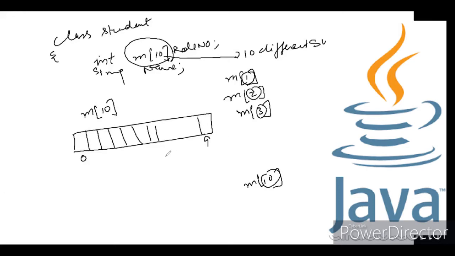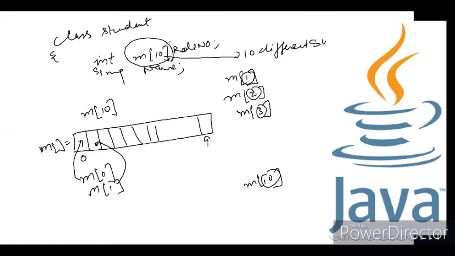This is my array M. If you want to refer to it, you can refer M[0], which refers to the first element or first marks. Then you will refer M[1], it will refer to the second marks, and so on.